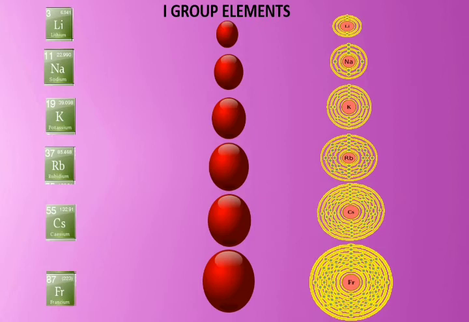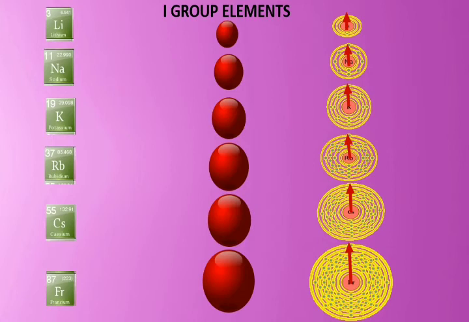First, look at the size of the elements. What do you observe? Yes, it goes on increasing. As we move down the group, atomic size increases.